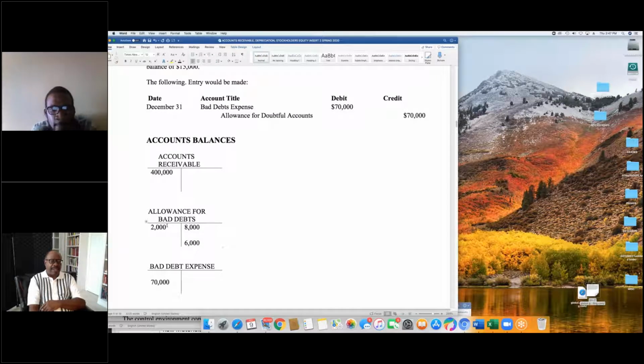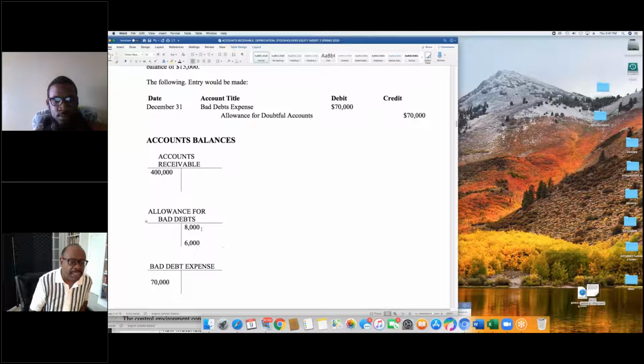If we go back up to this example, how much does it say is in the account? 6,000, right? And we want the balance to be what? 45,000. So we got 6,000 in the account and we want it to be 45. How much do we have to add? 39,000.